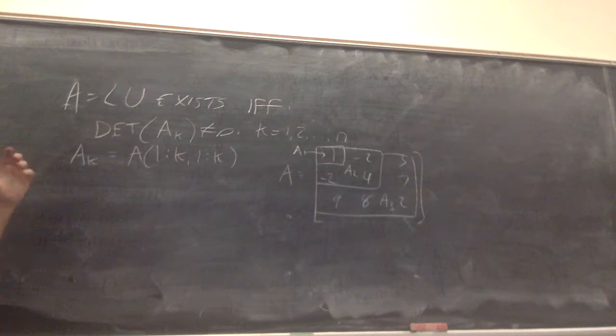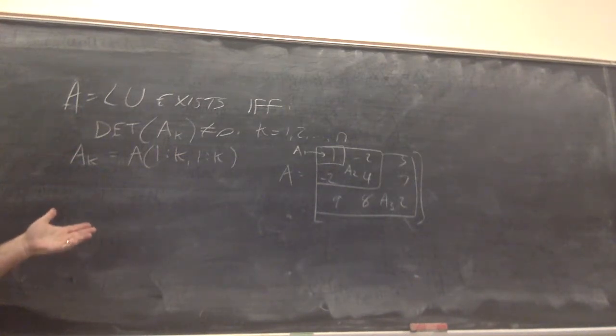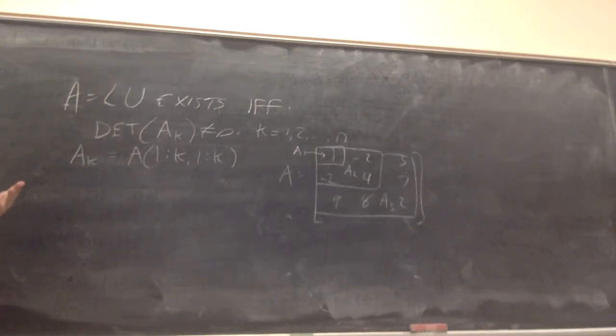So not only do you need A to be non-singular or invertible by having a non-zero determinant, you need all of those submatrices also to have a non-zero determinant. Now that's kind of a pain to check. In fact, the process of checking that is as expensive as Gaussian elimination itself, so we're not really going to do that.